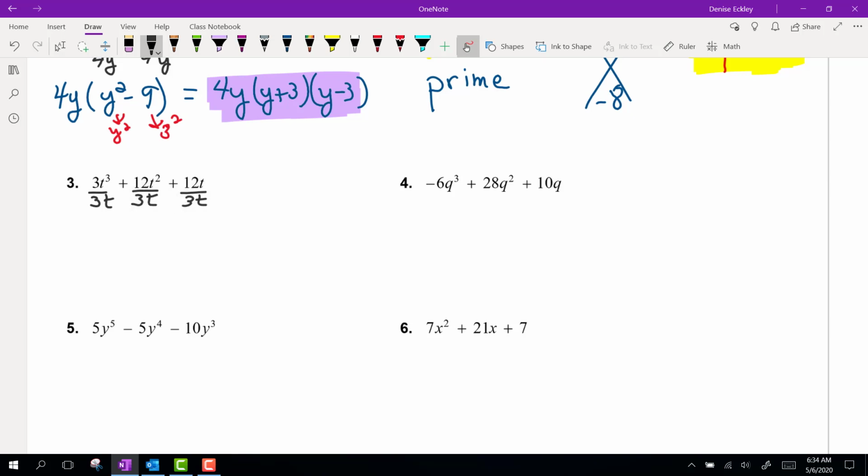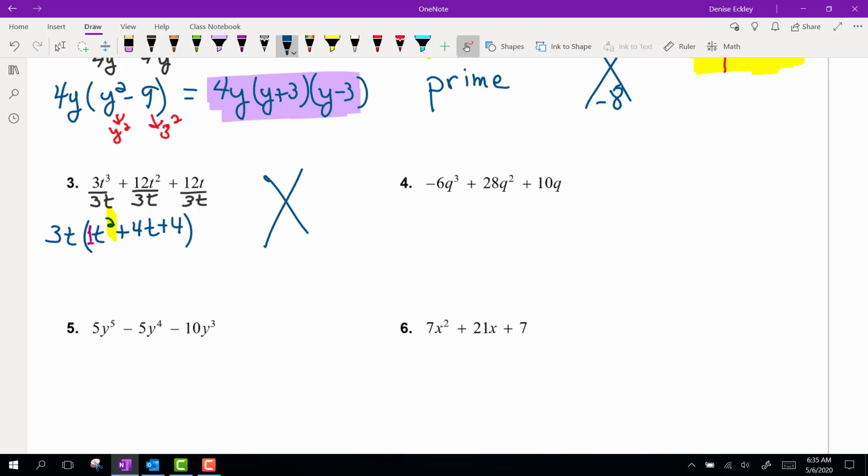When I do that, I have the 3t in front, and then I have t squared plus 4t plus 4. So now I see that I have a quadratic trinomial, and the nice thing is the number in front of the t squared is a 1. So I can use my X factoring.